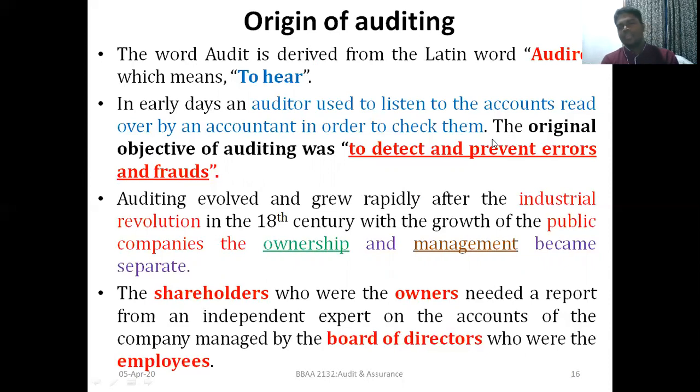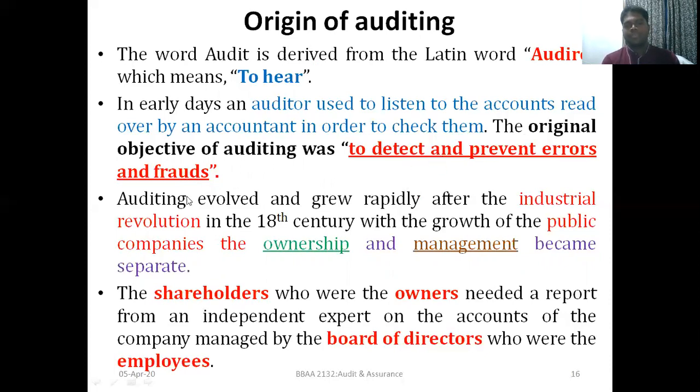The earlier objective of audit was to detect, not delete, not direct, to detect, meaning to find out, and prevent, meaning to stop or prohibit, errors and fraud. We will discuss errors and fraud clearly in the coming slides. So this was the early objective.